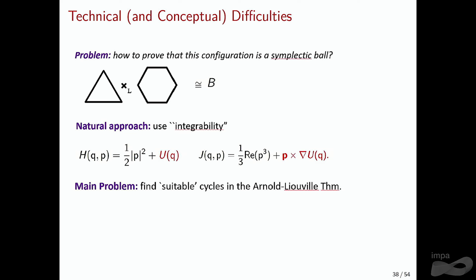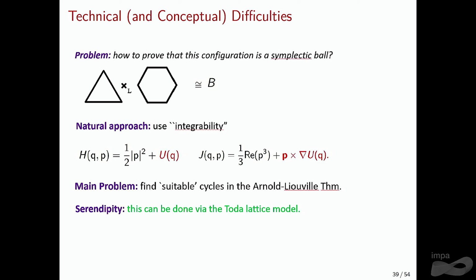Or more precisely, you need to find some nice global suitable cycles when you use the Arnold-Liouville theorem. And this was really a technical issue that we couldn't cross for a very long time, trying different ways to see if we could overcome this.